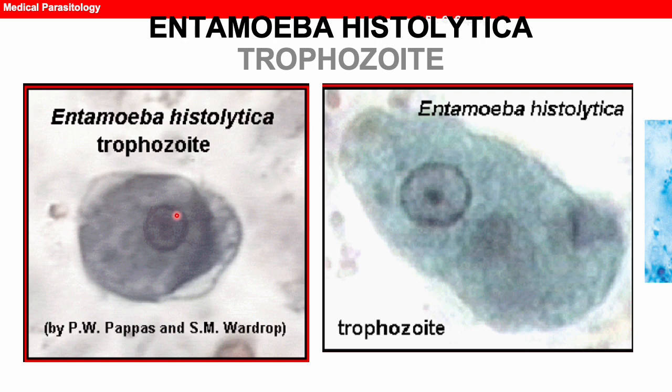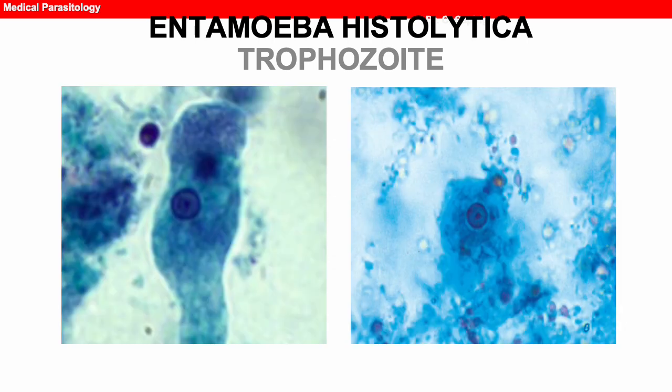As you can see here, the nucleus of the trophozoite contains a central caryosome and a peripherally distributed chromatin.